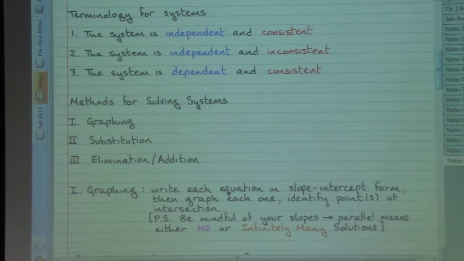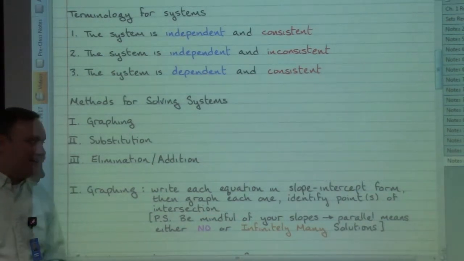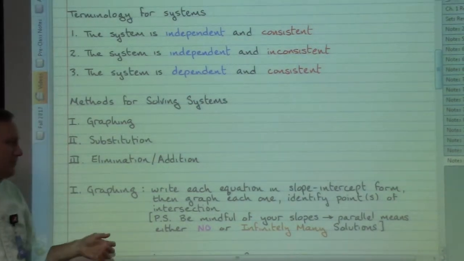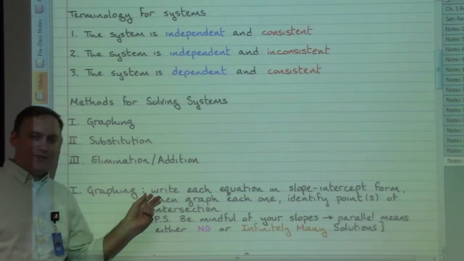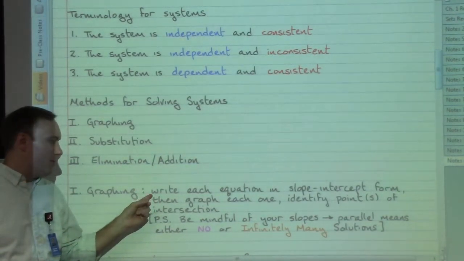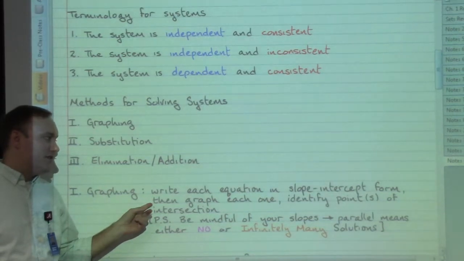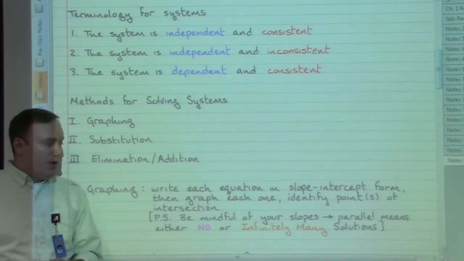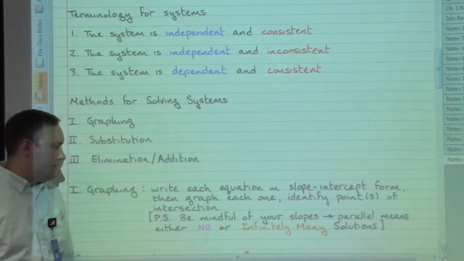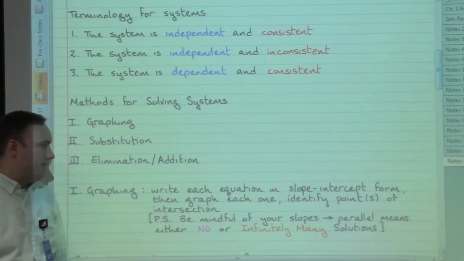So for graphing, not surprisingly, we're going to do some graphing. And because we're working with several lines, we're going to graph each one. So the suggestion that we have made in the past is that we would write each equation in the slope-intercept form, graph each of them, and then by eye, we are going to identify the point or points of intersection depending on how things just work out.